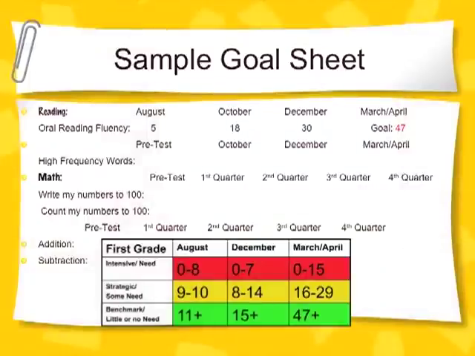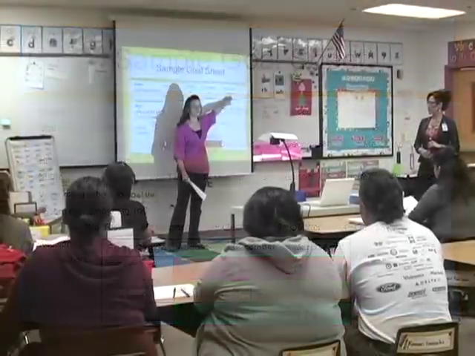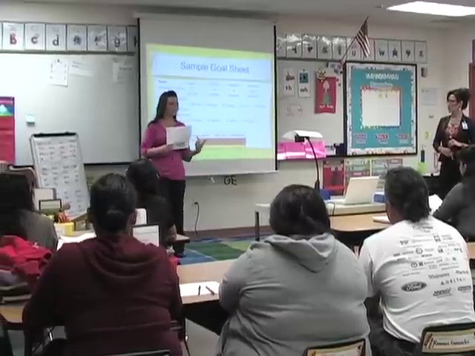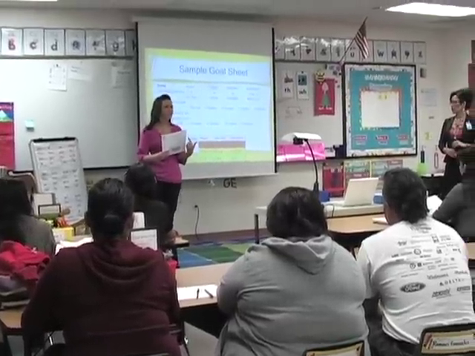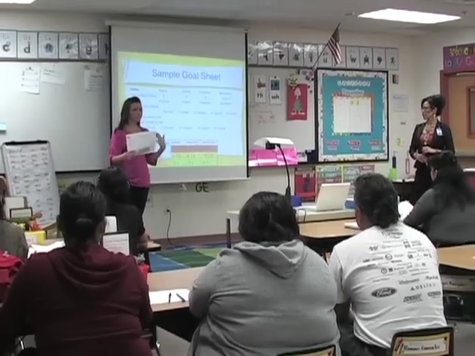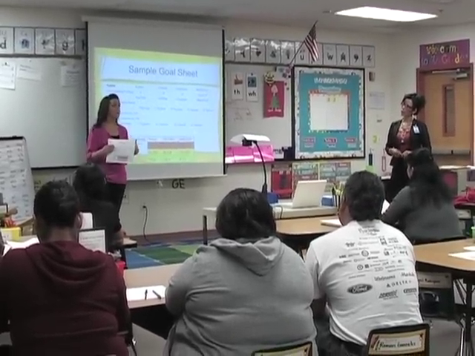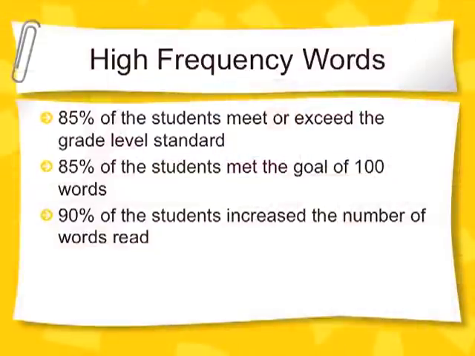And this goal is not set in stone. If you're working with your child at home and you find they're reading 55 words, and I'm realizing the same thing, I may set up a meeting with you and ask to change that goal.